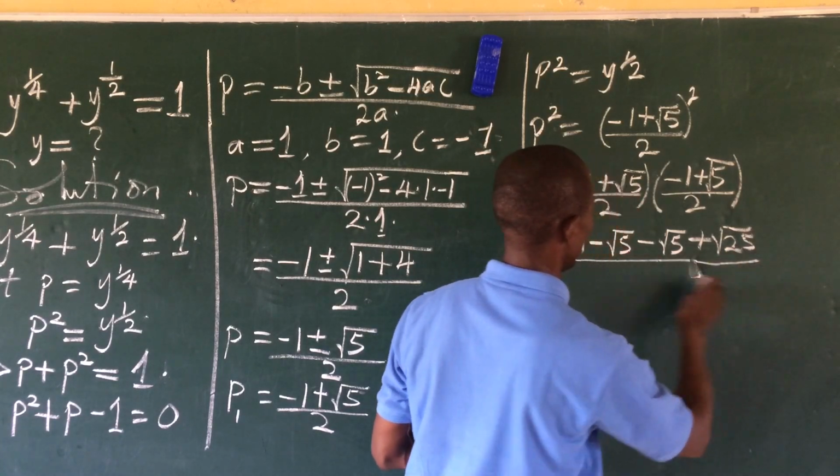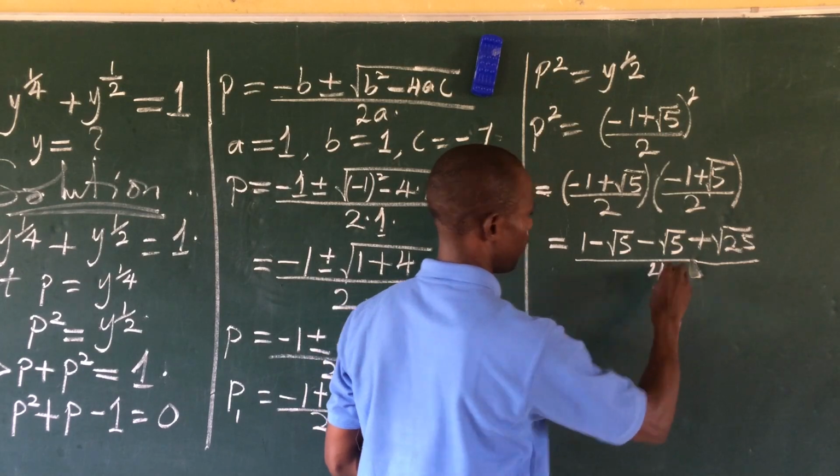Everything all over 2 times 2, which is 4.